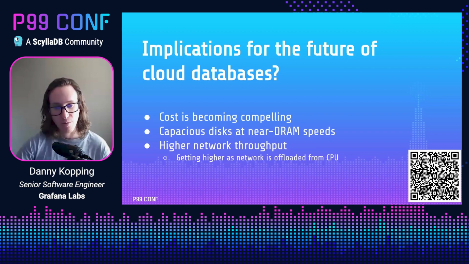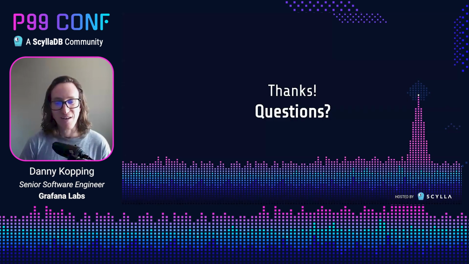We're approaching a time now when SSDs are widely available in the cloud. They're managed for you. You don't have to set up all of this infrastructure yourself. It's cheap. It's performant. CPUs are coming out now with special chips for high network throughput in software-defined networks. So I think the future is very bright for cloud databases, and I wouldn't be surprised if we start to see some architectural shifts going forward.